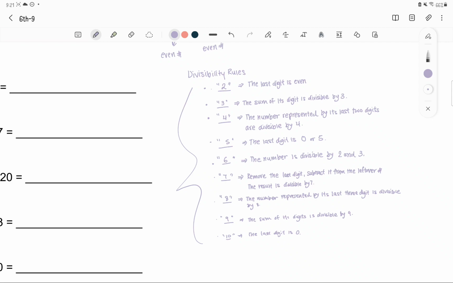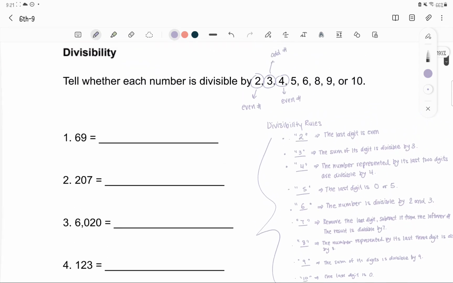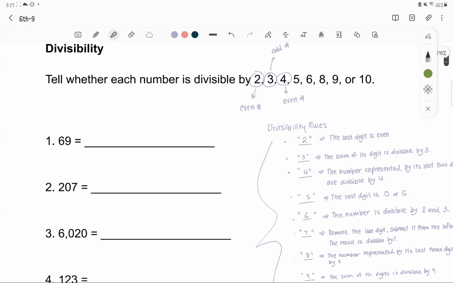For number 1, all the even numbers, 2, 4, 6, 8, or 10, are divisible by even numbers. And for those like 3, 5, 9, or even 7, they are all divisible by odd numbers.